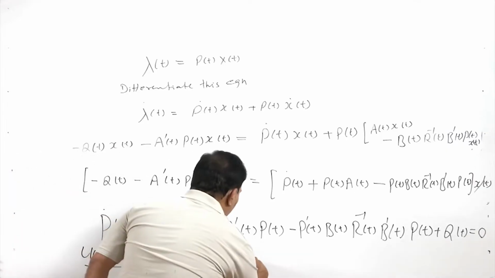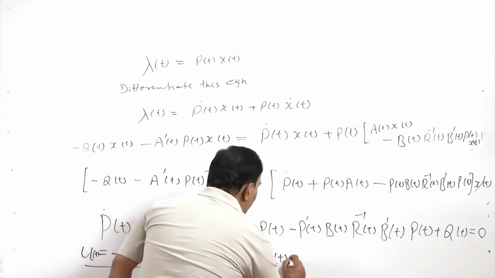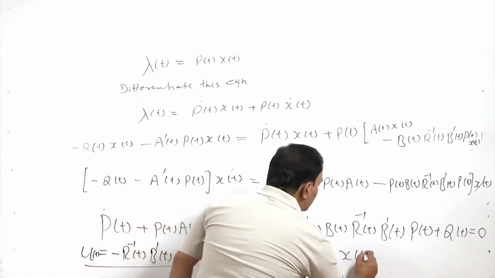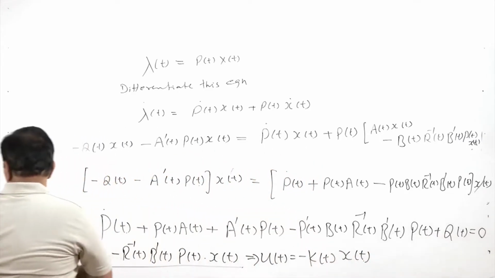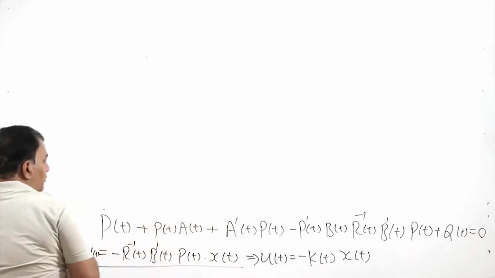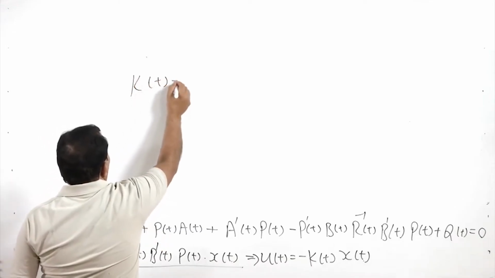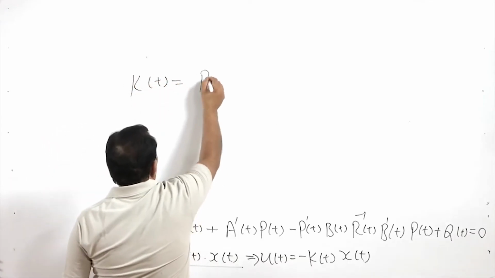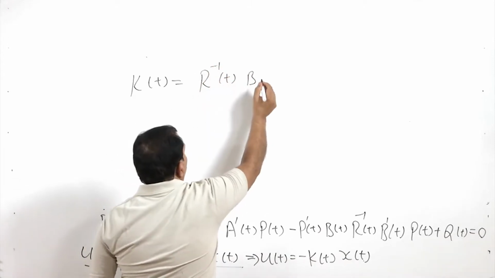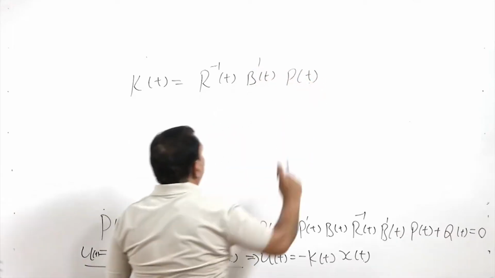So, this is my u of t, which I am directly writing as ut is minus kt x of t. So, k is nothing but R inverse B transpose Pt.